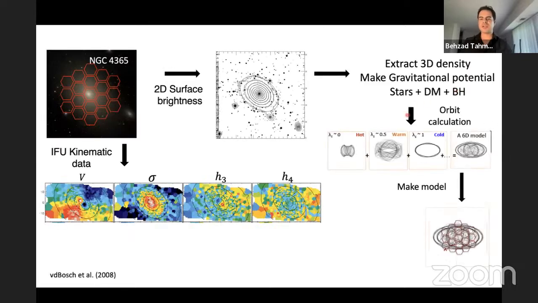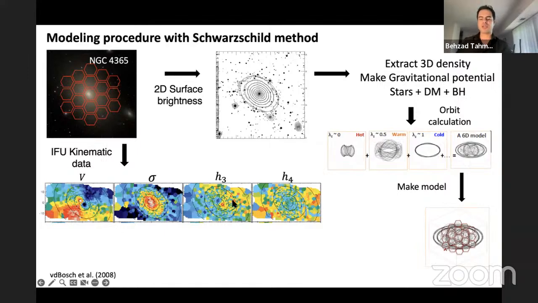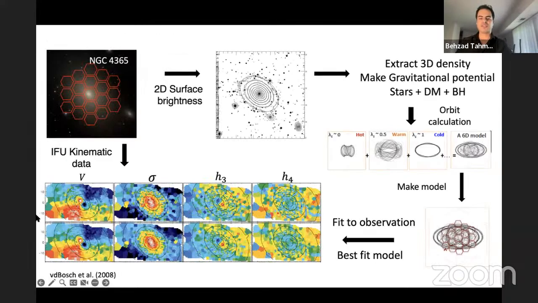So we integrate a bunch of orbits in this potential that we made, and we make sure we have all kinds of orbits. For example, hot orbits, cold orbits, orbits that are purely spherical, or that have a boxy shape, and then we superpose our orbits together to make our galaxy. And at the end, we can compute the observables in the aperture and try to fit them to the data.